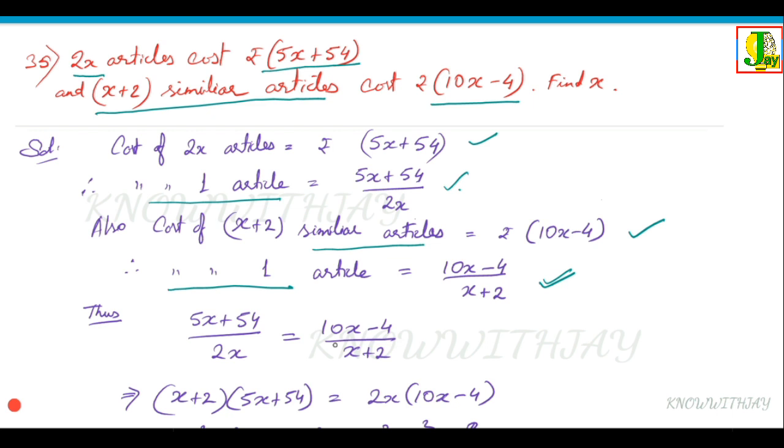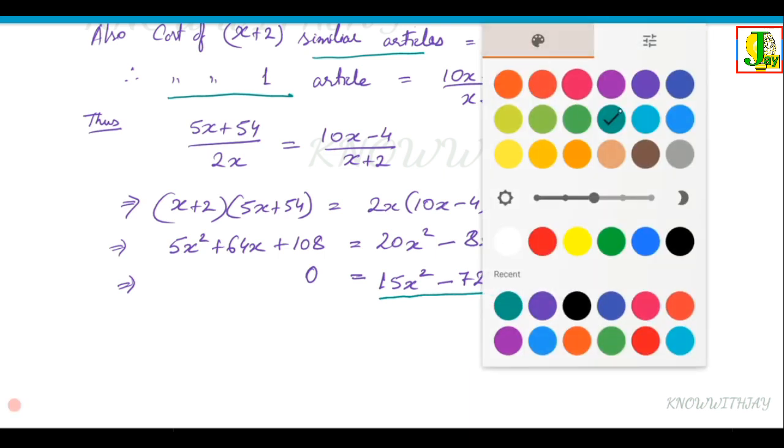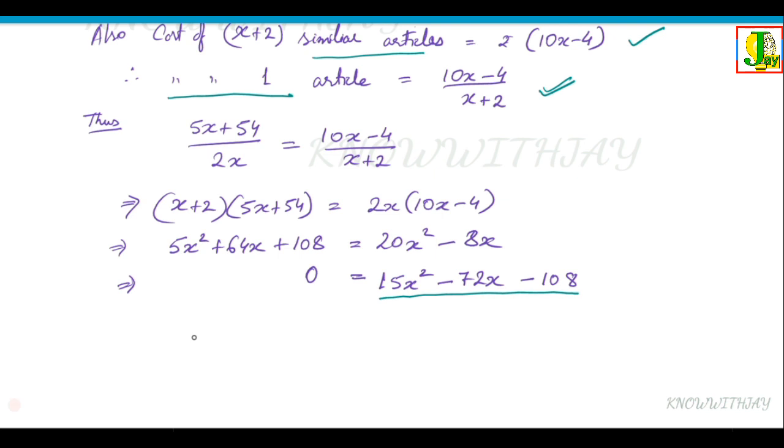So (5x plus 54) divided by 2x equals (10x minus 4) by (x plus 2), which reduces to the quadratic equation 15x square minus 72x minus 108 equals 0. Let's write it in standard format here: 15x square minus 72x minus 108 equals 0.